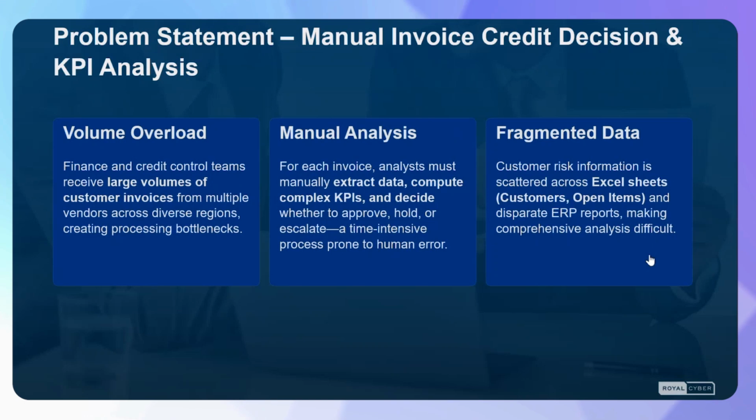And also the data is distributed and scattered among different tables of our database. So the final decision making takes a lot of time. So we are going to simplify this process.